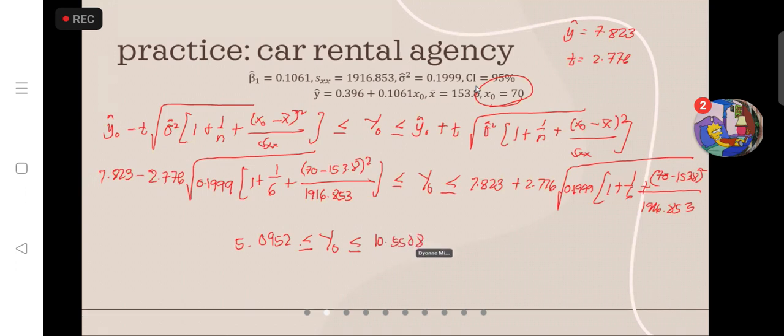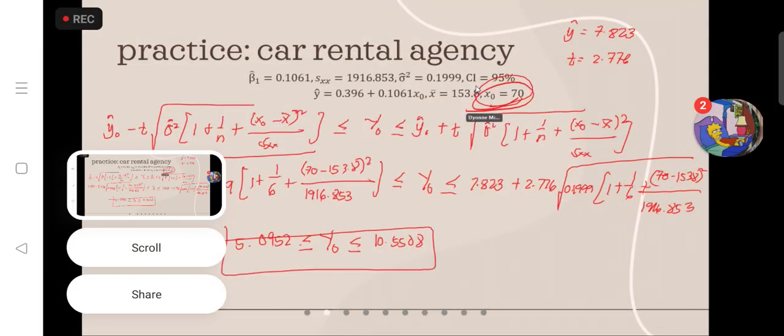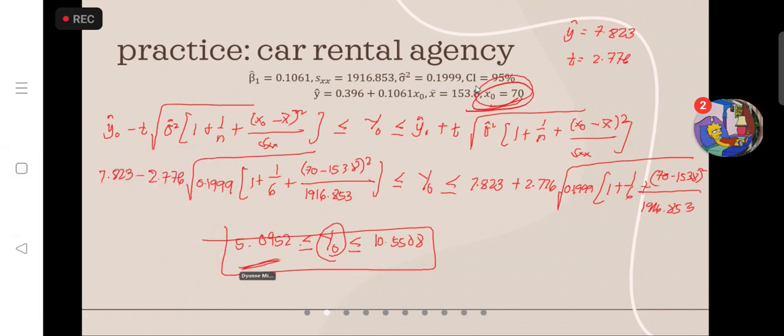So therefore, if our x is 70, the value of our y falls between 5.0952 and 10.5508. So in our car rental agency, x is the number of cars and y is the income. So if our number of cars is 70, the income for the car rental agency falls between 5.0952 and 10.5508. So any questions?